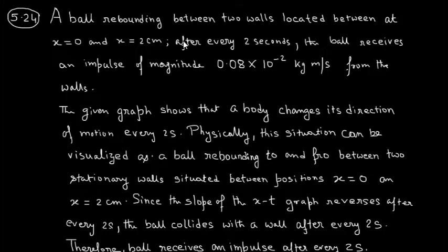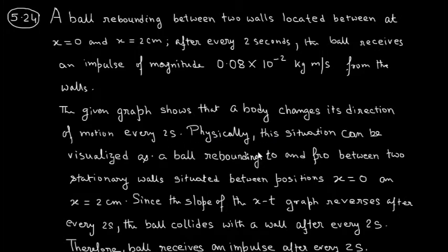A ball rebounds between two walls located at x equal to 0 and x equal to 2 centimeter. After every 2 seconds, the ball receives an impulse of magnitude 0.08 into 10 to the minus 2 kg meter per second from the walls. The given graph shows that the body changes its direction of motion every 2 seconds.